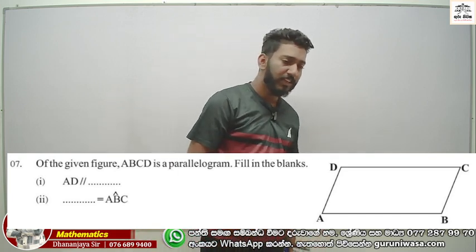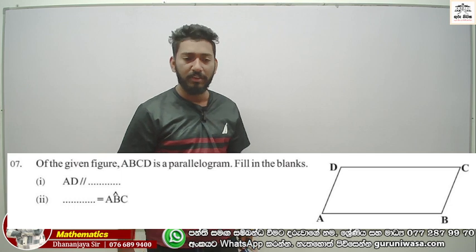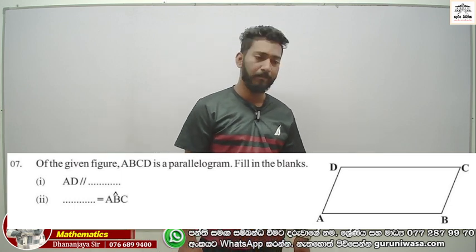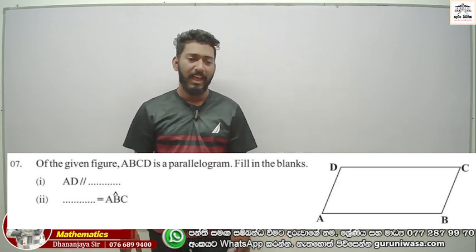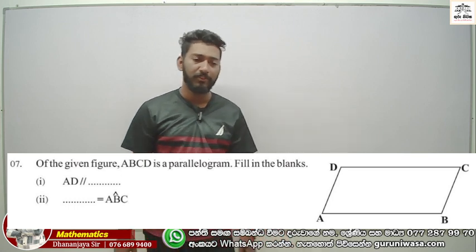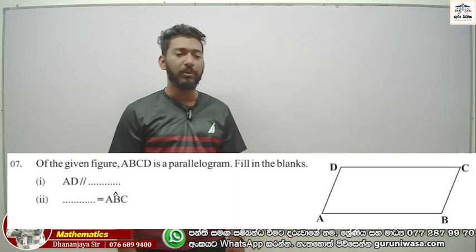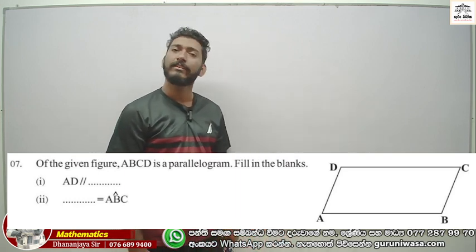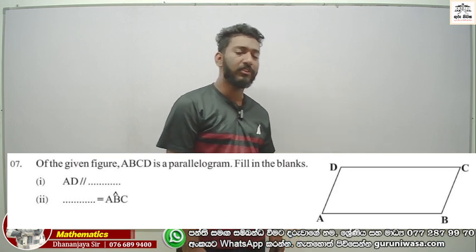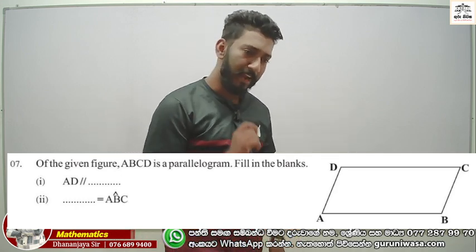Now look at this. AD is parallel to BC. Well done. Next one. Angle ABC should be equal to angle ADC, or you can write it as CDA. Right? But the answer is ADC equals ABC. Your answer is correct.